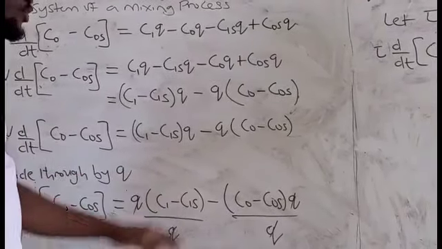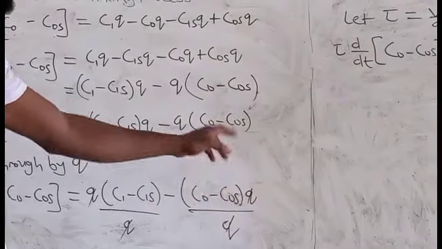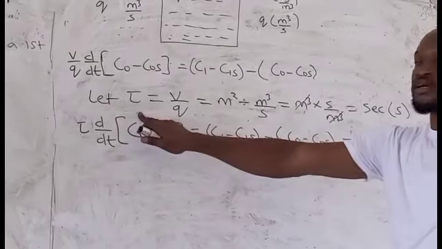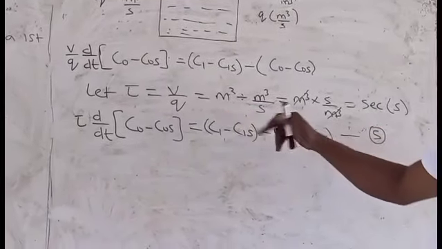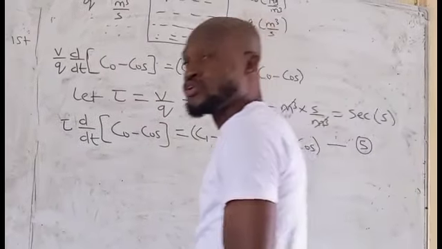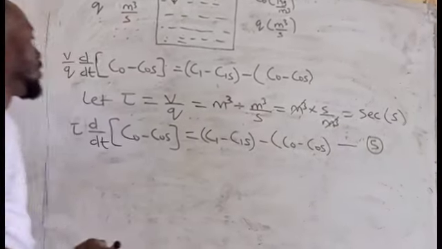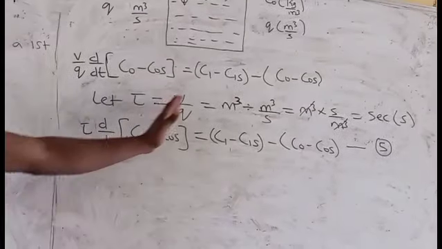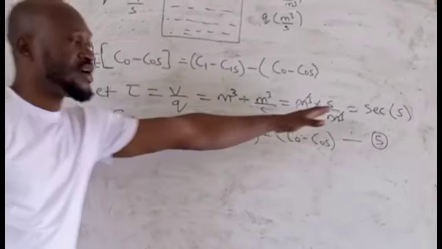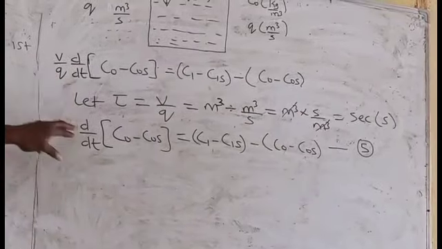They are divided by Q, so they cancel this Q, cancel this Q. Minus CO minus COS times Q, this Q cancels this Q. So now let this equal V over Q, which means this thing represents the time constant. From here, I was able to get the unit of this time constant as seconds. So I also see V over Q is equal to this.